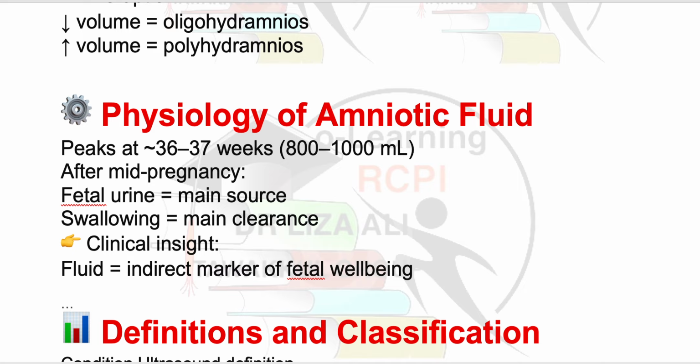If there is oligohydramnios, the baby cannot move, which we call decreased fetal movement. How long can the baby cope with decreased fetal movement? Eventually, the baby will die. Polyhydramnios is not as dangerous as oligohydramnios. We have to remember that.